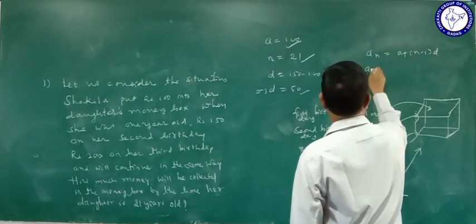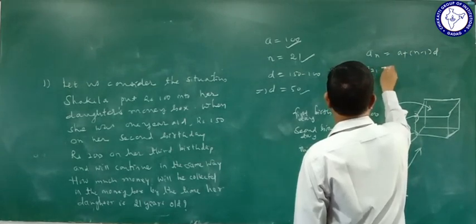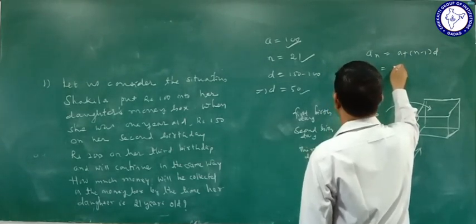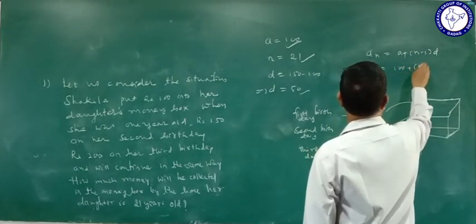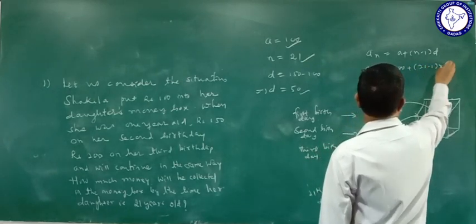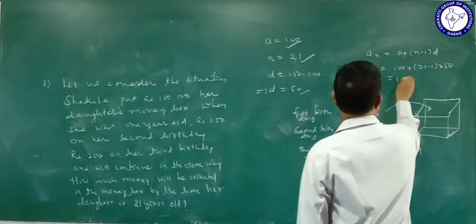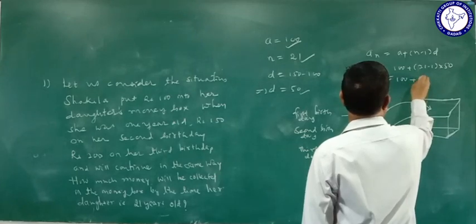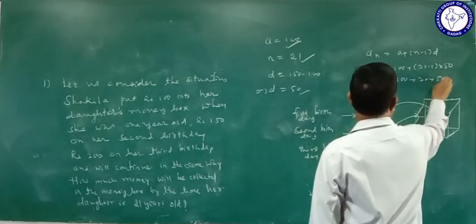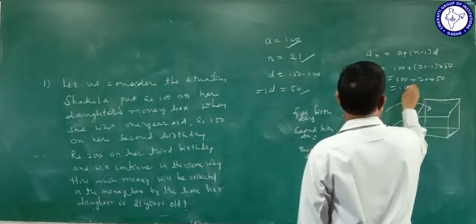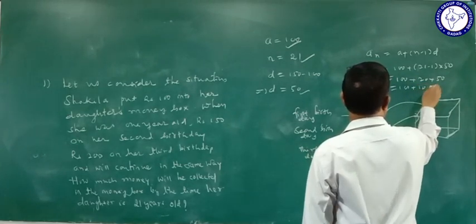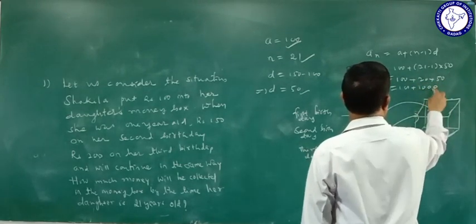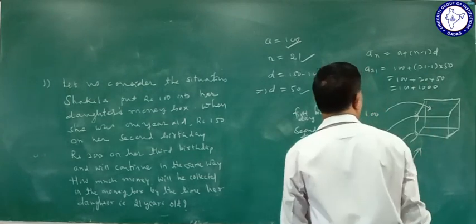What is a_n? a_n means a_21. That is a, which is 100, plus n is 21 minus 1, and this is 50. 100 plus 20 into 50. So this is 100 plus 1000.